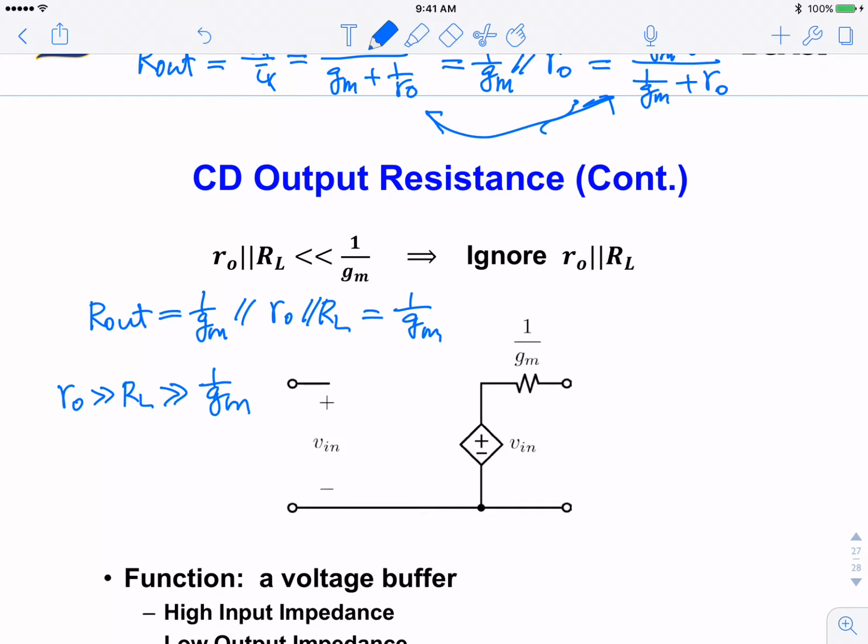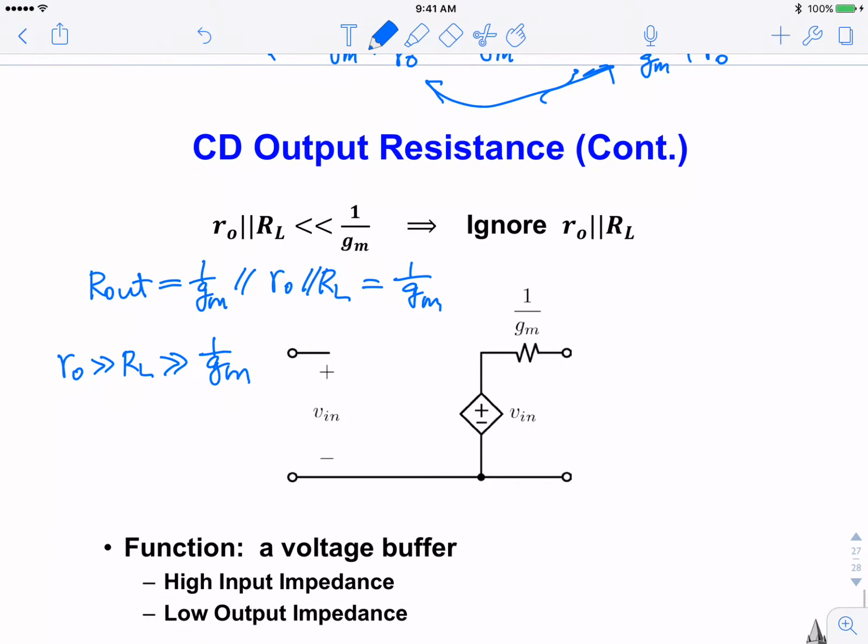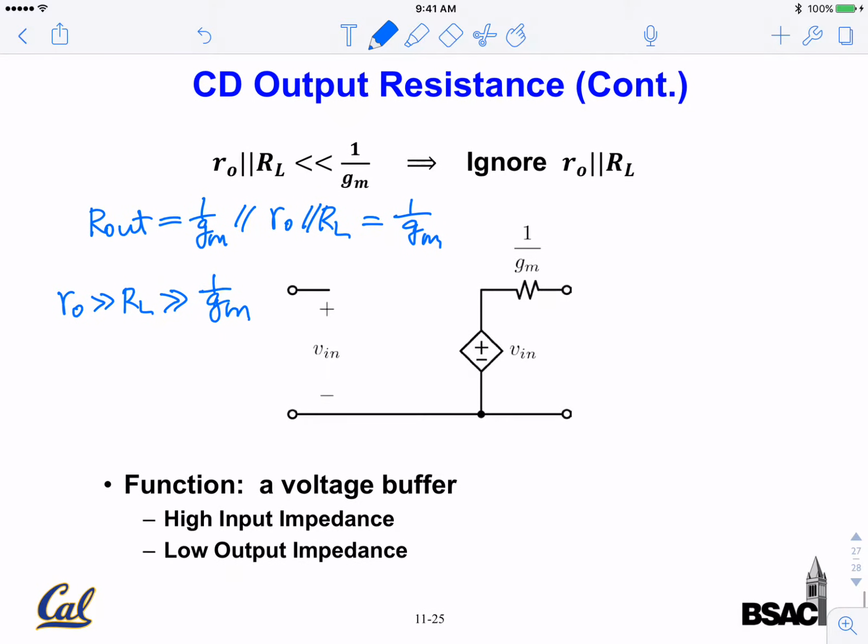Input resistance is kind of trivial because we are looking into the gate again. So the full two-port model is shown here. It's unity gain, so we have Vin and Vout. This is a two-port voltage amplifier model.